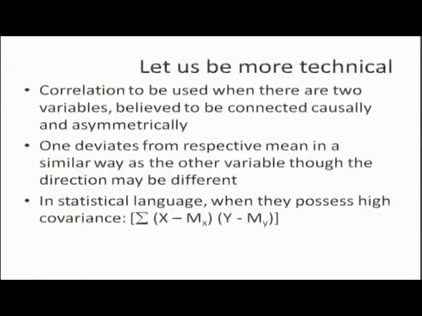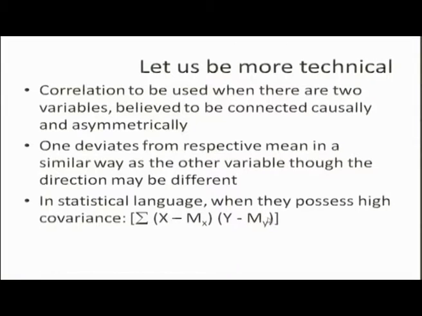When one variable deviates from its respective mean in a similar way as the other variable, though the direction may be different, in statistical language, when they possess high covariance, they are called correlated. What is covariance? Covariance is the summation of deviations of x from the mean of x multiplied by deviations of y from the mean of y. We calculate mx and subtract it from all values of x.